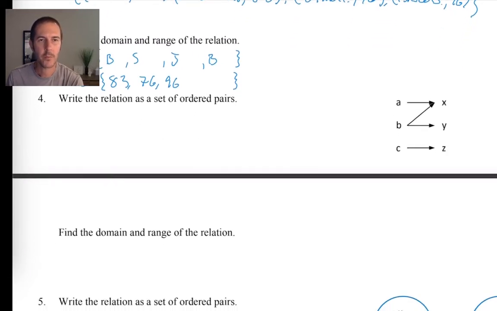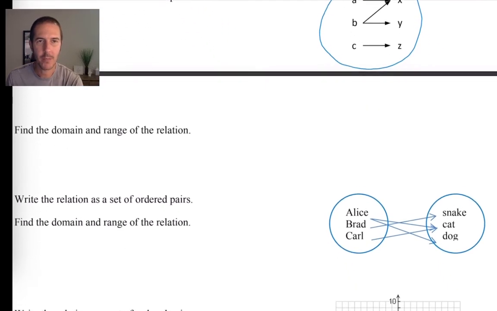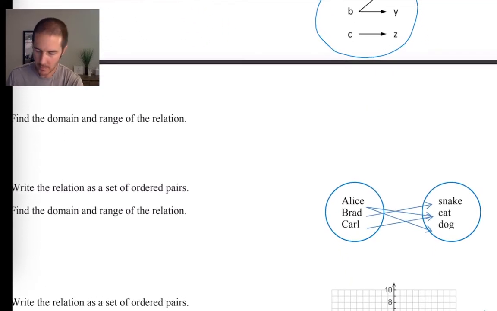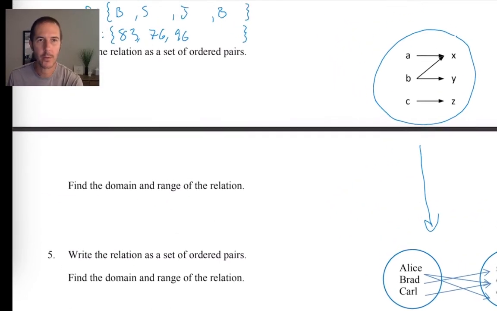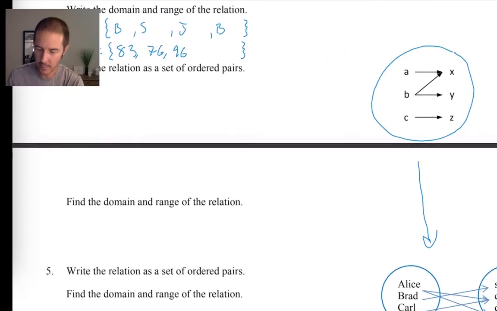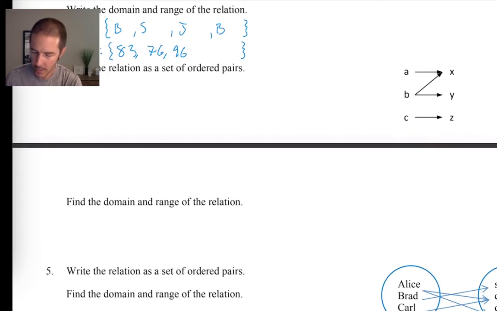Another way that sometimes a relation is presented is like this. This is a mapping, and I would say that it's maybe even more common that the mapping would appear as something more like this, with some little boundaries around the domain and range values, but could show up either way.